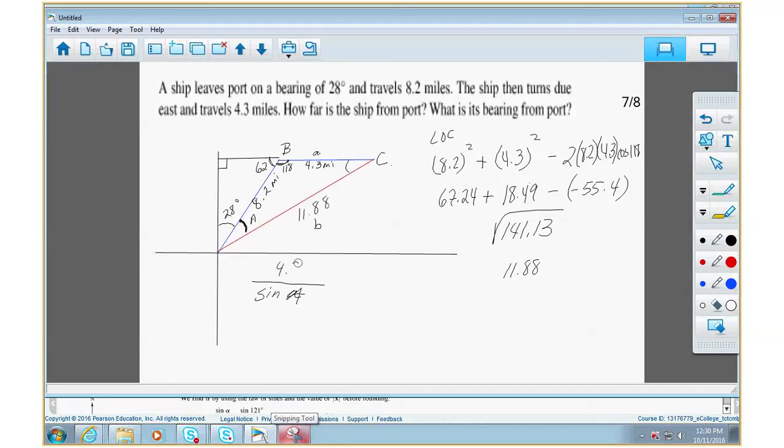4.3 over the sine of A is equal to what? 11.88 over the sine of 118. And that's going to be 4.3 times the sine of 118 divided by 11.88. Inverse sine is equal to theta. And somebody give me that number.